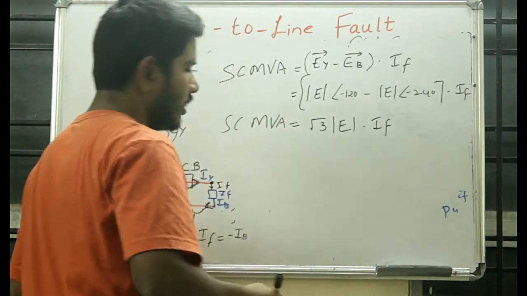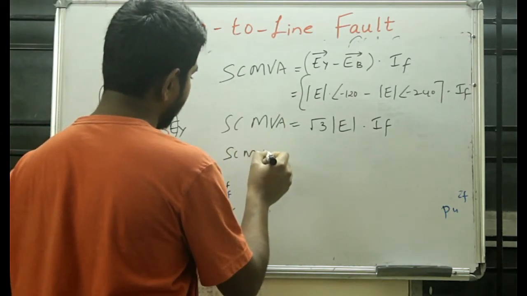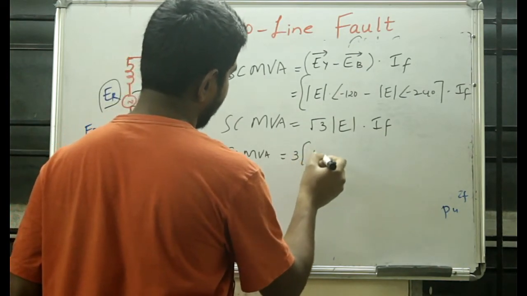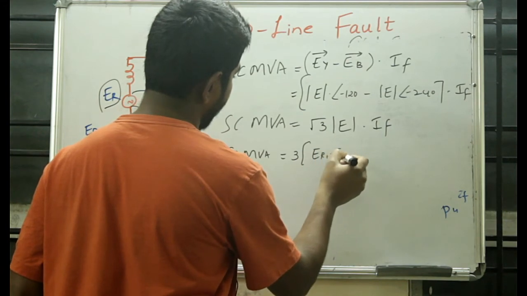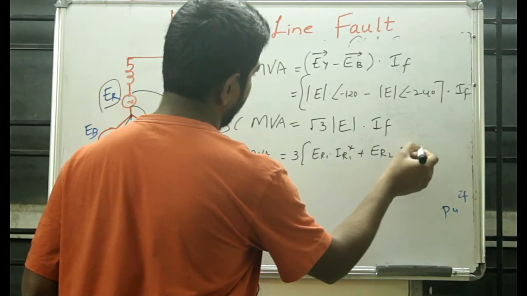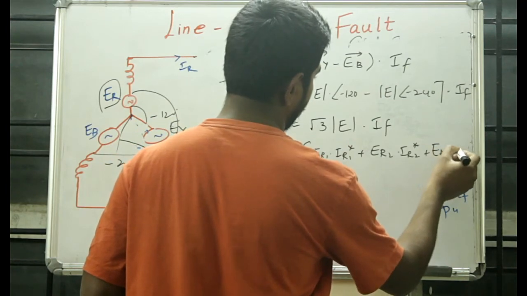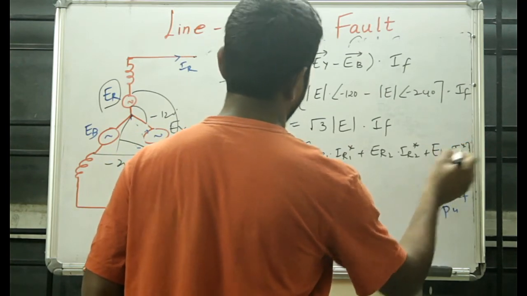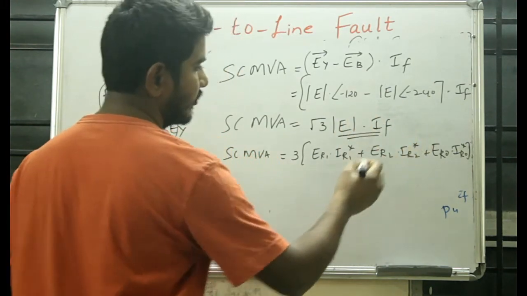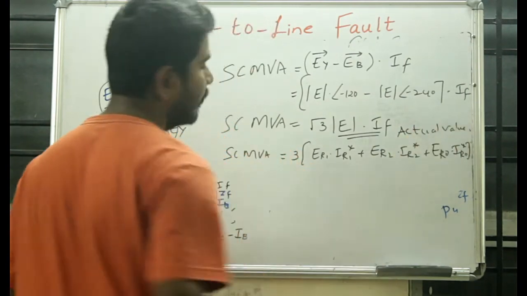Now in the complex three-phase circuit, your short circuit MVA can also be found in the fashion of 3 times of ER1 into IR1 conjugate plus ER2 into IR2 conjugate plus ER0 into IR0 conjugate. Please remember here these are actual values, not in per unit.